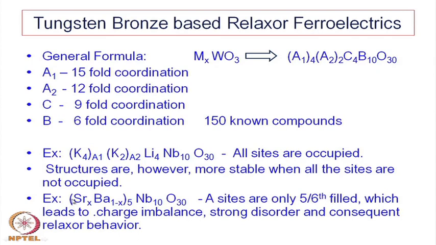Out of 6 sites including A1 and A2, 5 of them are occupied, and that too partly strontium and partly barium. So, 1/6 is vacant here, and that seems to stabilize the structure better.